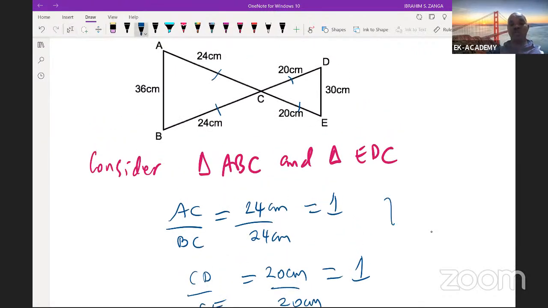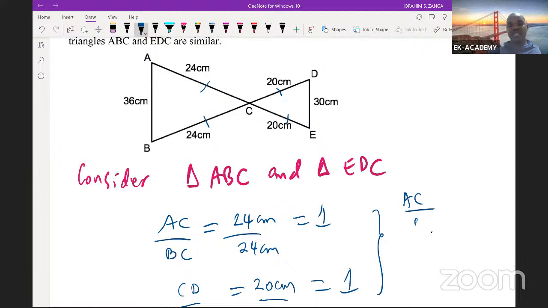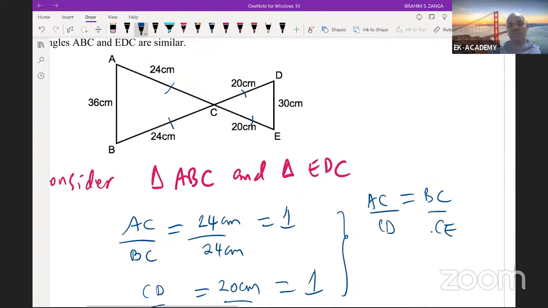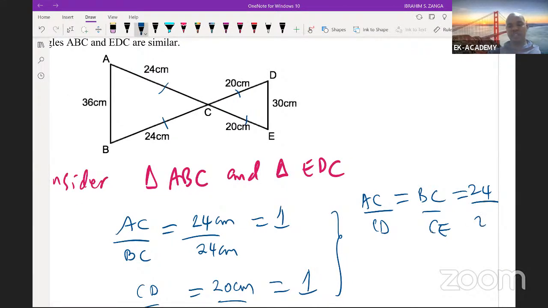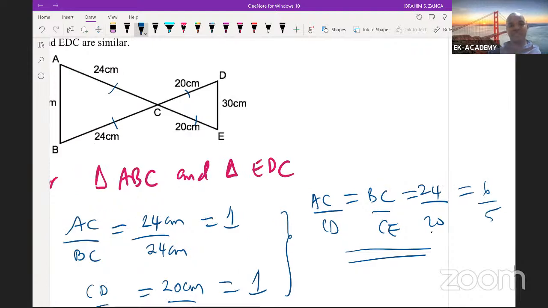So when we take the ratio of AC to CD, it will be equal to BC to CE, which is 24 over 20. So the ratio will be like this, which is, dividing by 4, 6 over 5.